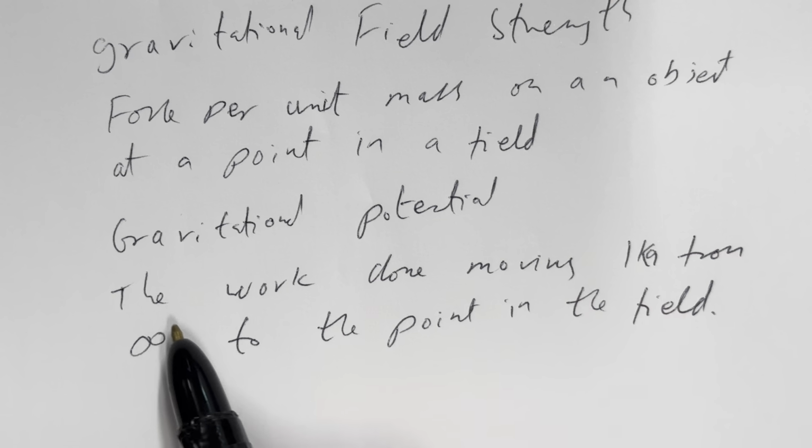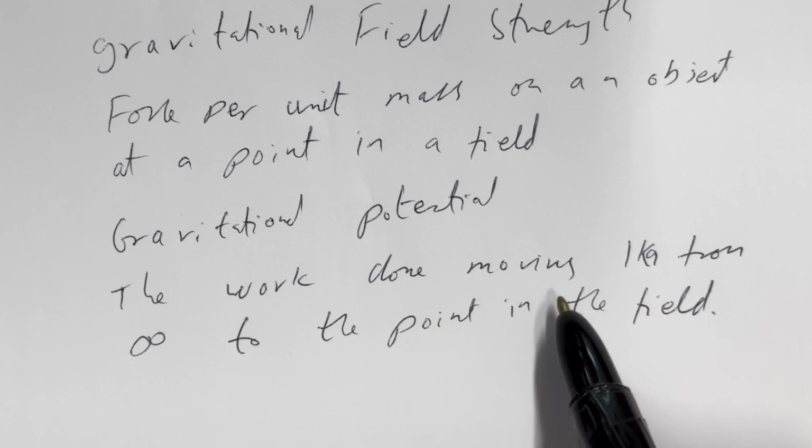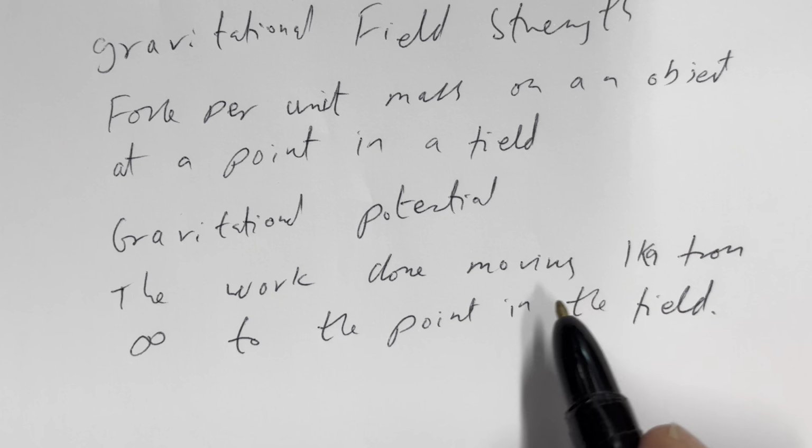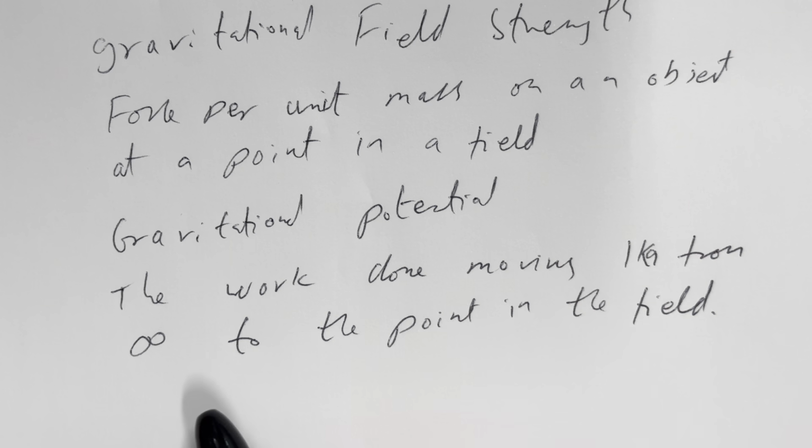Now, you might also see it as minus the work done moving 1 kilogram from the point in the field to infinity. The point is it's a negative number. If you go from infinity to the point, then you're decreasing the object's energy. The object's doing work on you, so we get a minus answer.